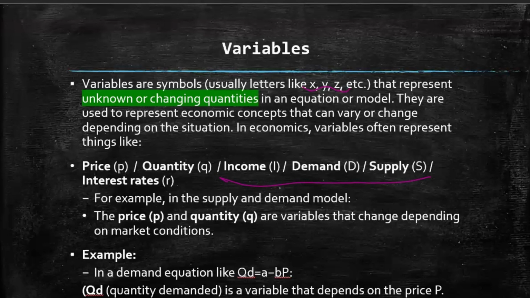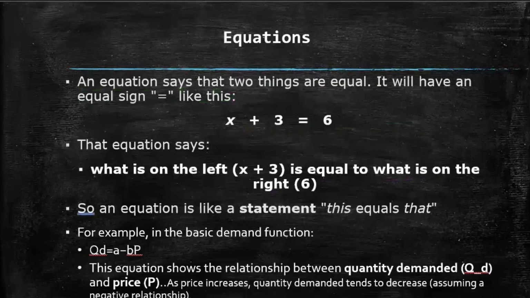All right. If you are going to write any equation, the word equation means equating. It is coming from the word equal. So an equation is telling that two things are equal.